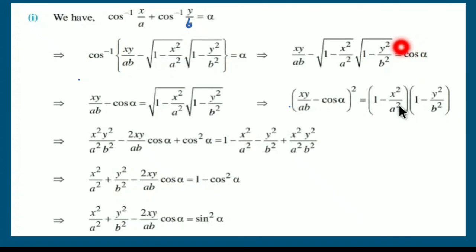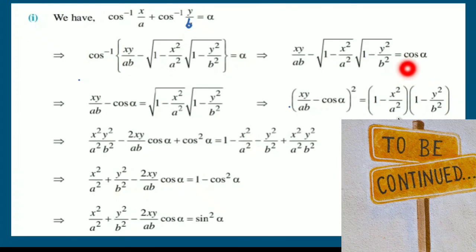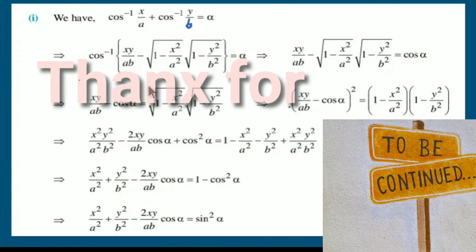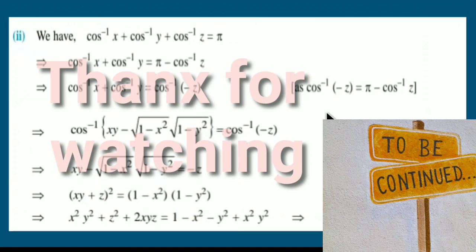So if we transpose this cos alpha from the right to the left side, we find here that xy upon ab minus cos alpha is equal to under root 1 minus x square by a square into under root 1 minus y square by b square, and then squaring both sides, you get the result.